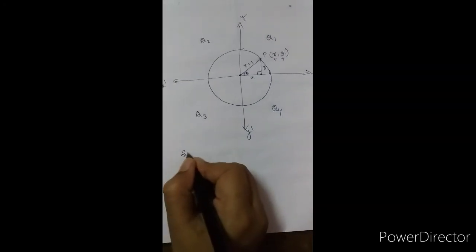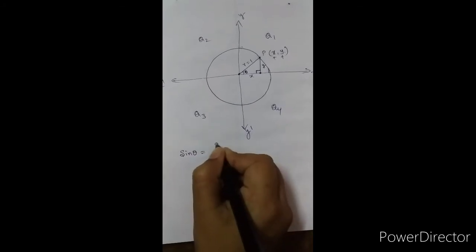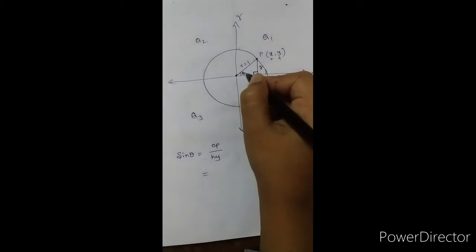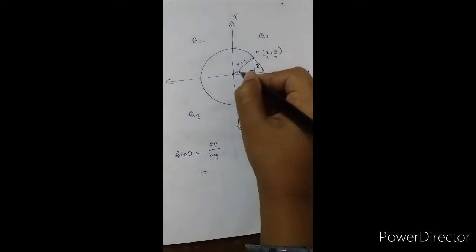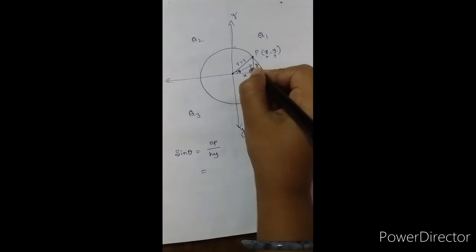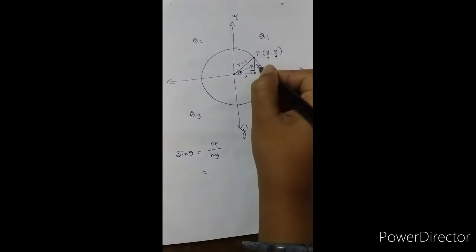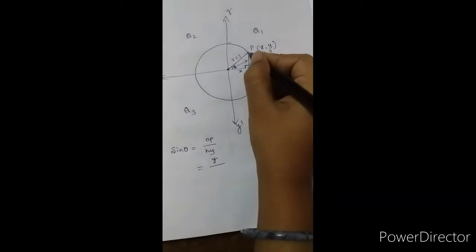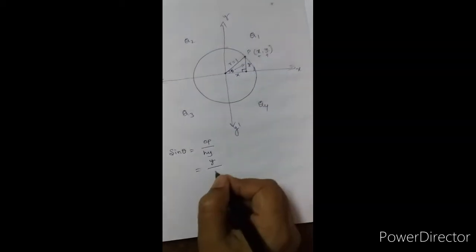So we already know sine theta is equal to opposite side by hypotenuse. In this triangle, what is the opposite side? The opposite side is the side which is opposite to theta. So its value is y. So y by hypotenuse, and this value is 1.